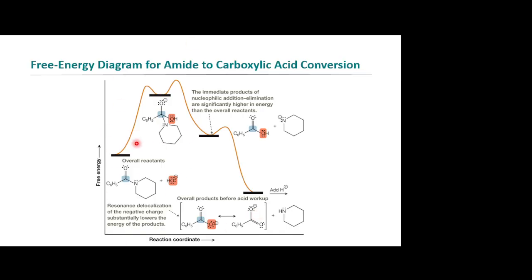All right. This is the energy diagram right here. And what we can see is that the amide going to the tetrahedral, very, very high energy intermediate, right? And then once it goes to the carboxylic acid, this combination of species is actually higher energy than this one. And that's because we have a negative charge on a fairly electronegative species right here, right? And we have no resonance structure to help us. It would have a localized charge.